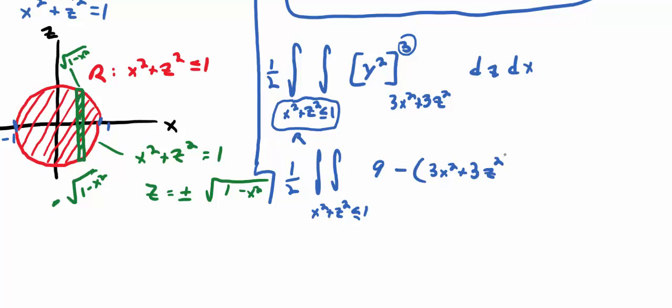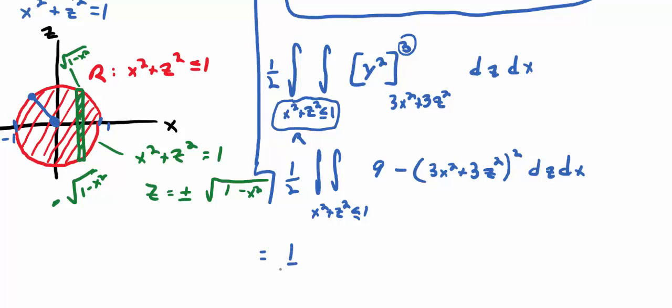Is that okay? And then dz dx. Now, we switch to polar. And this picture will come in handy in polar coordinates. But now instead of using a vertical representative rectangle, what do we use? We use a spoke, a representative sector.